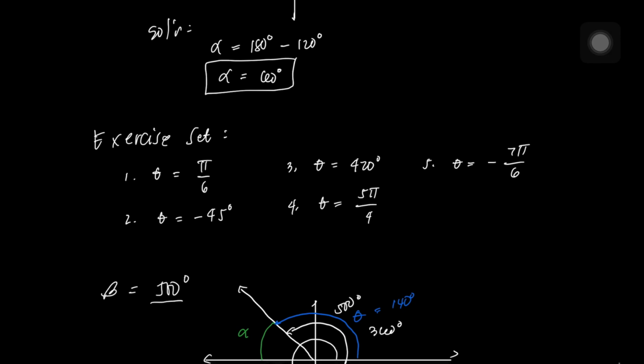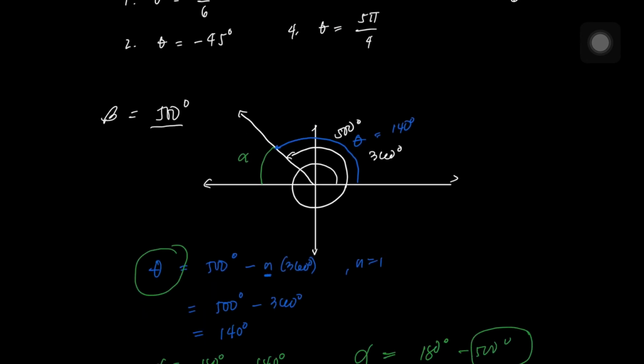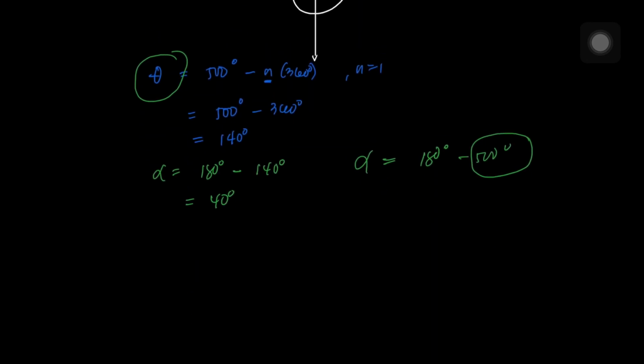In our exercise set, some of the problems you will encounter will be greater than 360 degrees or greater than 2 pi. So first, find the smallest positive coterminal angle before solving for the reference angle.